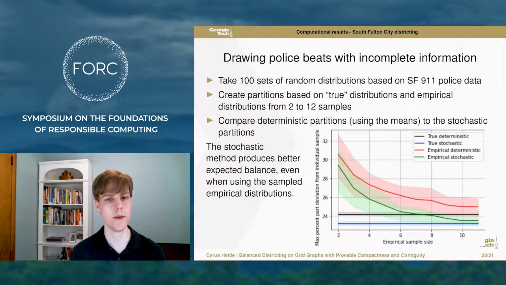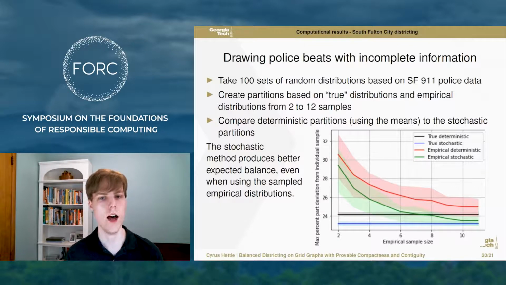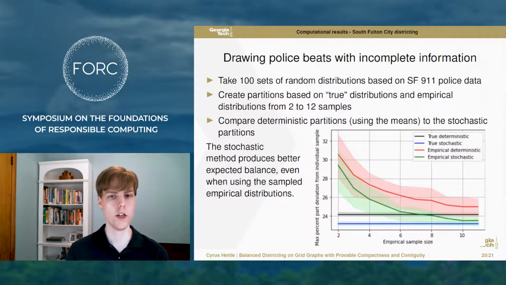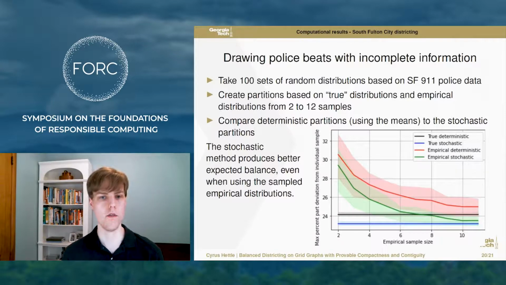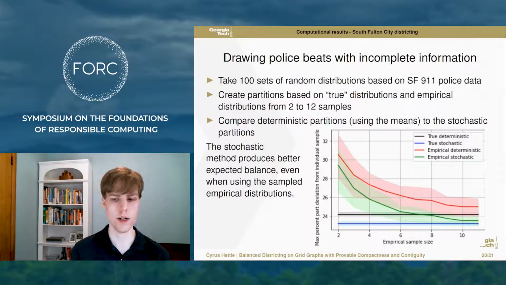We're going to compare these based on their expected part sizes. Furthermore, we're also going to compare partitions based on knowledge of the true distribution with knowledge of only an empirical distribution, where we draw a few samples from the true distribution and just work with those empirical distributions.